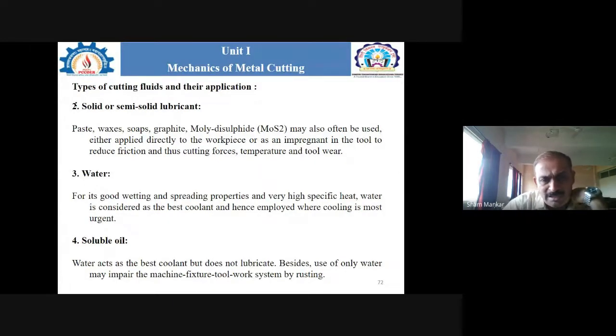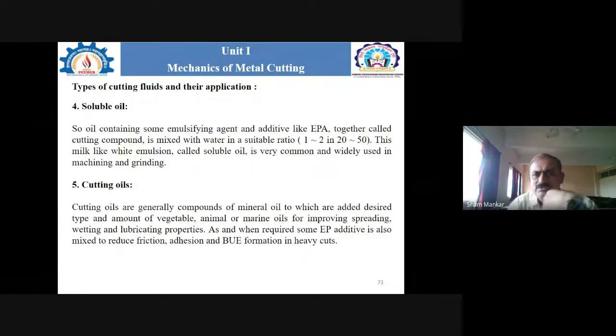According to that, we may select soluble oil as another category of cutting fluid. This oil contains different kinds of emulsifying agents and other elements like additives, which when combined together we can consider as a soluble oil.